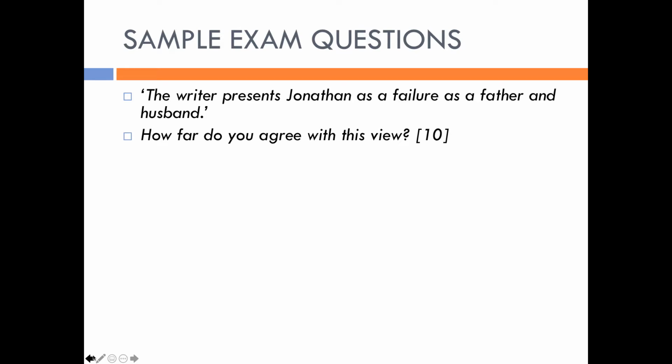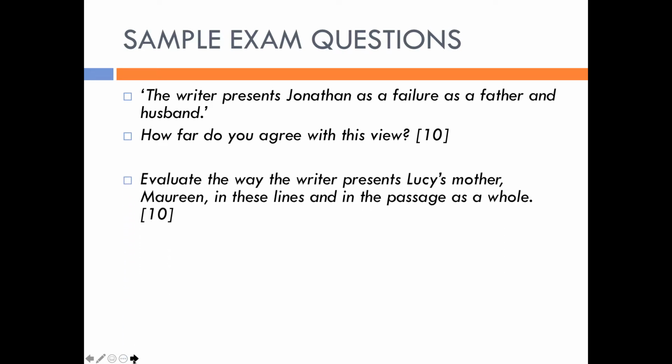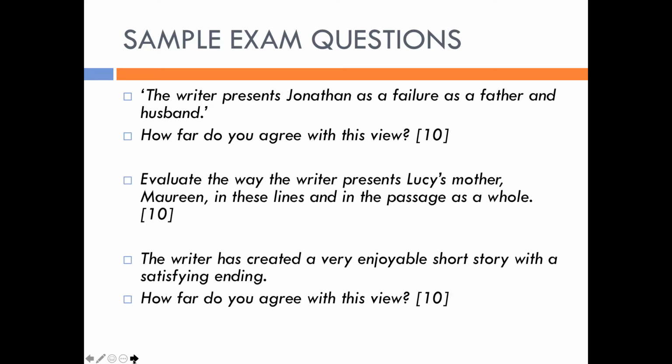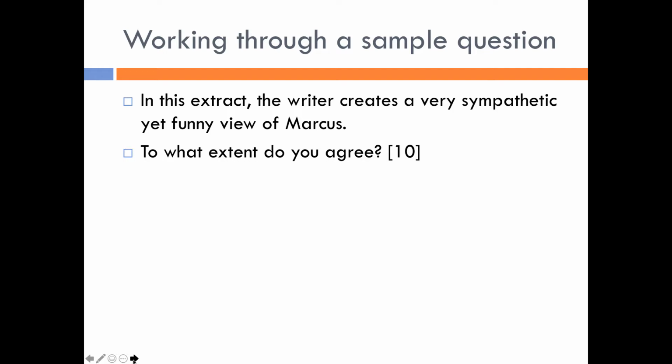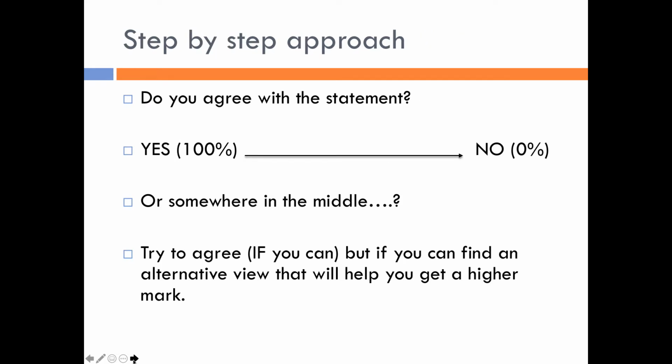In some ways he was, but there was evidence within the text that he was actually quite a good father in some ways. So, like I said, it's very difficult to say 100% yes, I agree with this. Okay, but you need to be aware of the possibility of not agreeing with the statement, which is fine as long as you can argue it convincingly.